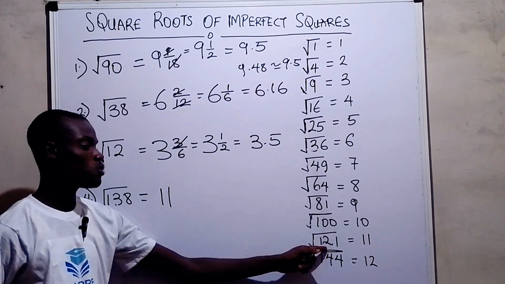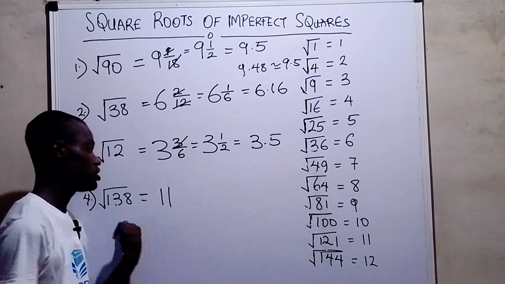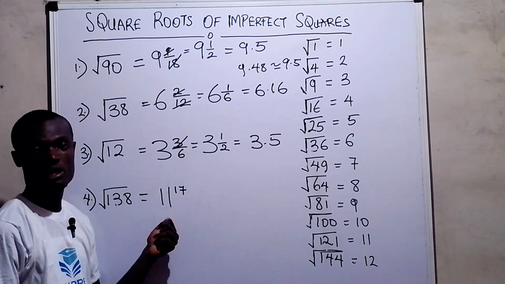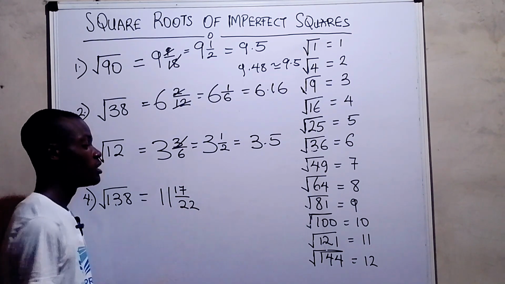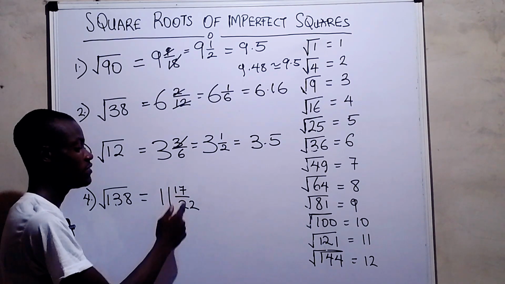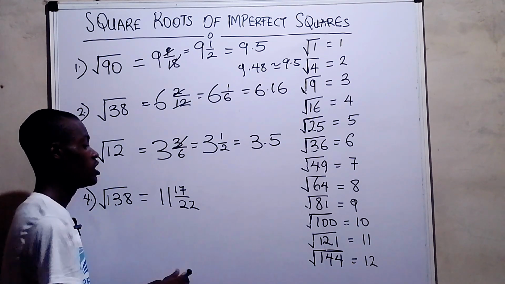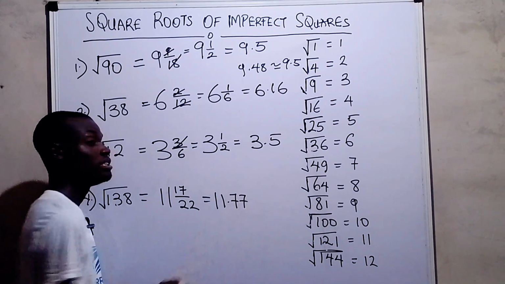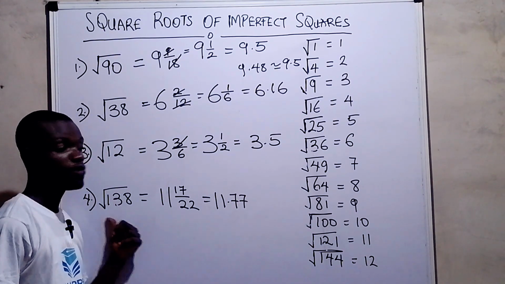Next, we subtract 121 from 138. So when we subtract this, we are going to have a remainder of 17. Next, double this number. 11 times 2 will give us 22. Next, when we divide 17 by 22, we are going to get 0.77. And when we add it to 11, it will give us 11.77.